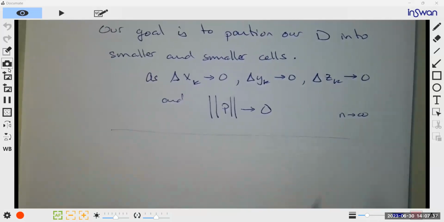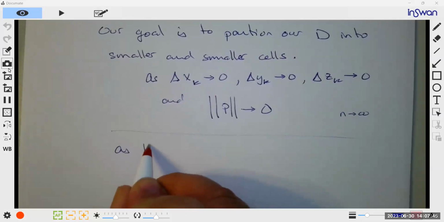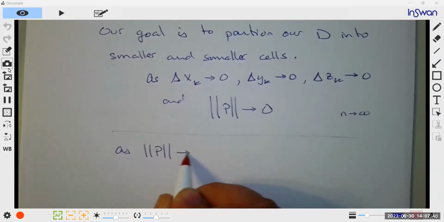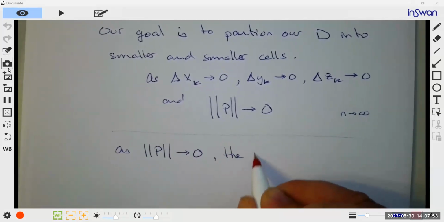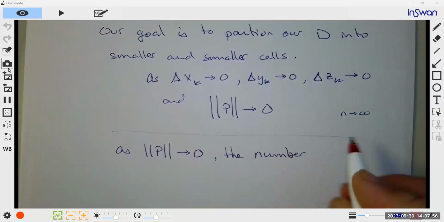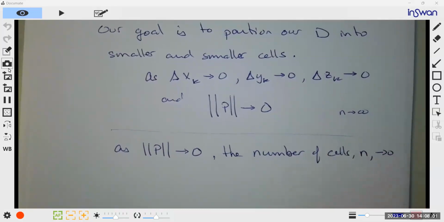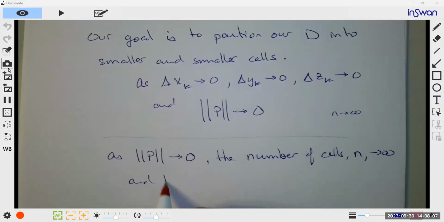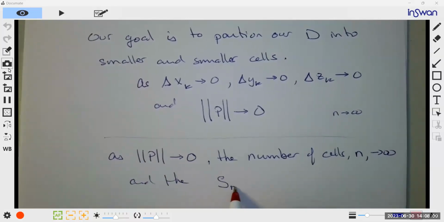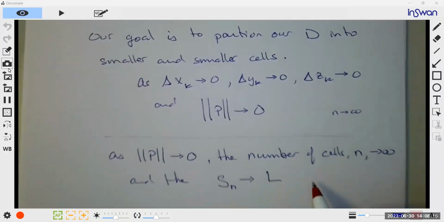So I should have said there, as our norm goes to 0, the number of cells n goes to infinity, and the sum of all our boxes or volume areas becomes some limit.